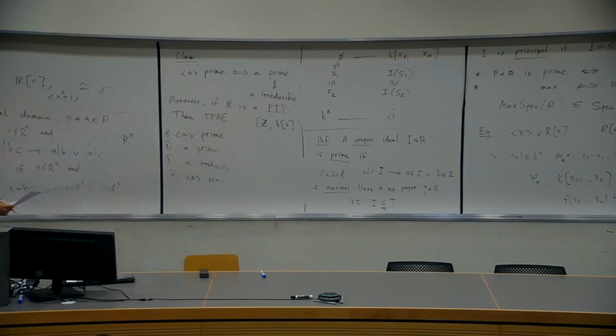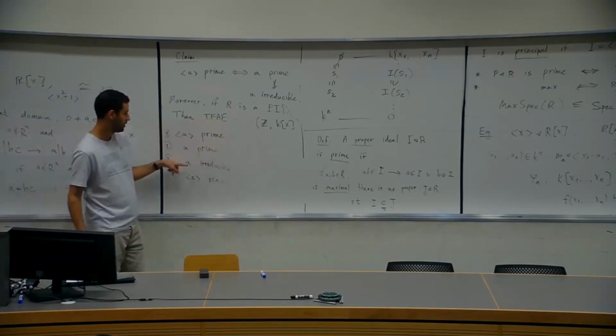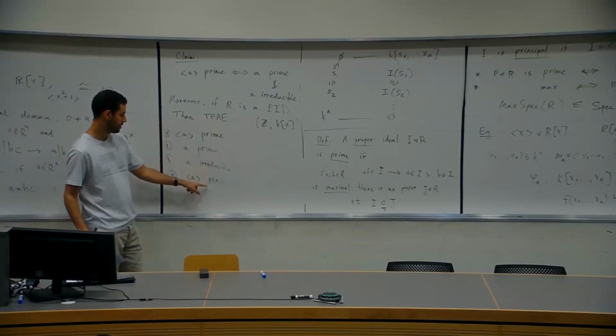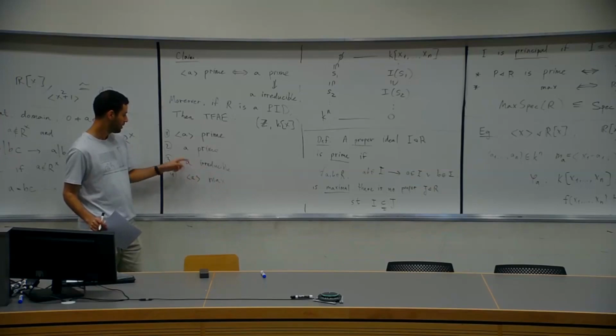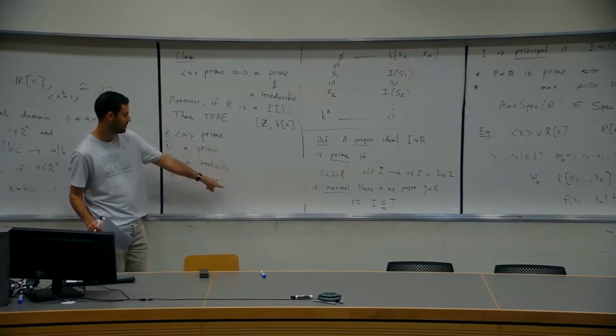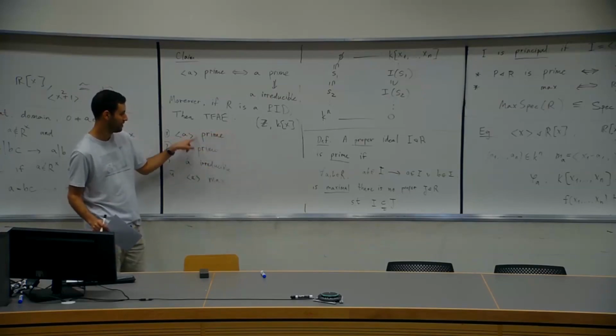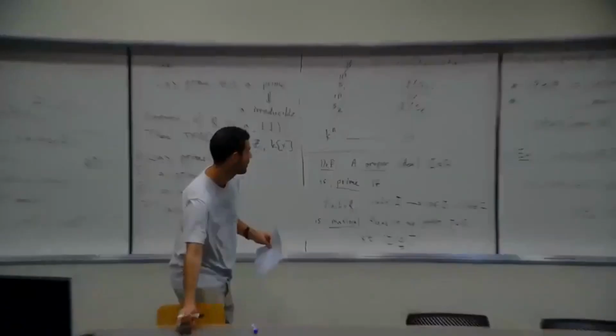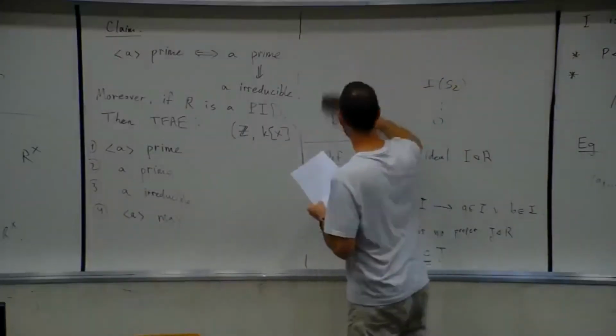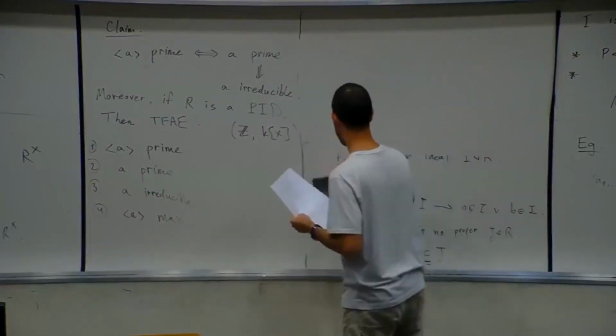Again, you can show it as a simple exercise from the definition: a is irreducible if and only if the ideal generated by a is maximal. If it's irreducible, then it's maximal, and if it's maximal, then it's prime, and then a is prime. So anyway, the following are equivalent, so now we can easily solve the one-dimensional case.